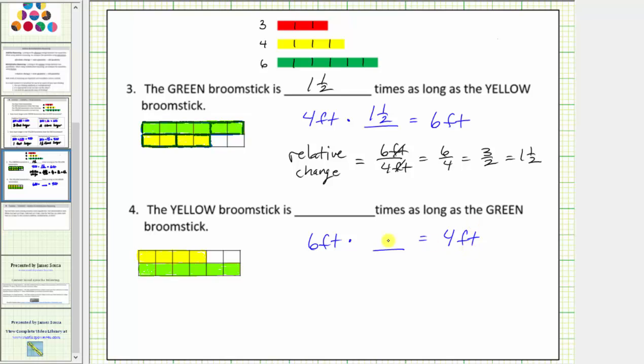Another way to think of this is how many copies of 6 are in 4. To determine how many copies of 6 are in 4, we would have to partition 6 into 3 equal parts or pieces. And notice how it takes 2 of the 3 parts to make up 4, or 2/3 copies of 6 equals 4.